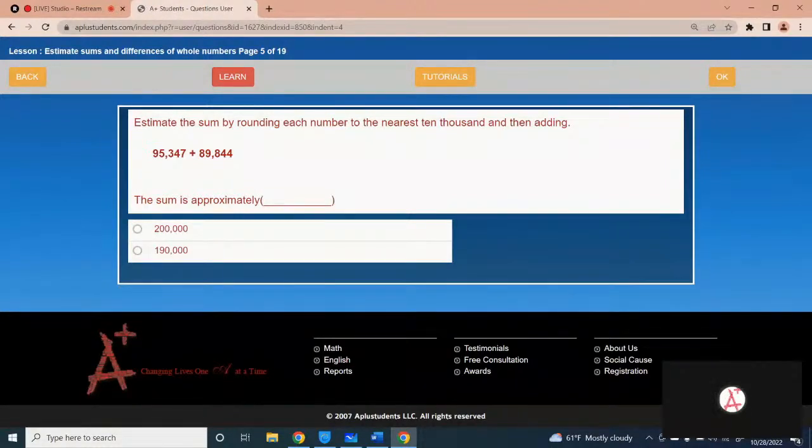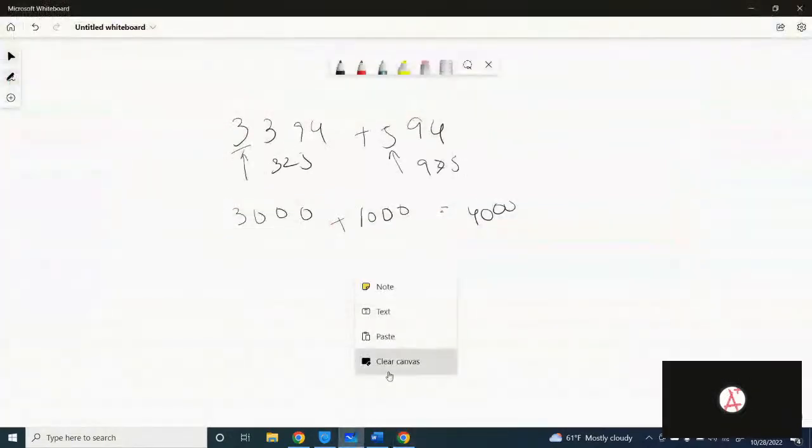Okay, estimate the sum by rounding each number to the nearest 10,000 and then add. So the numbers are 95,347 and 89,844. Let me write them down on board, then we'll solve them.